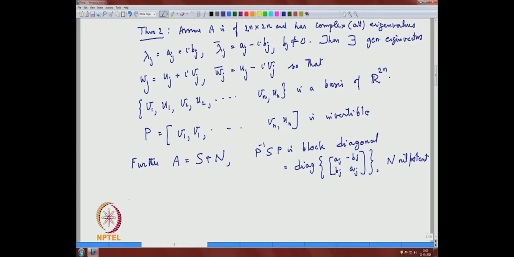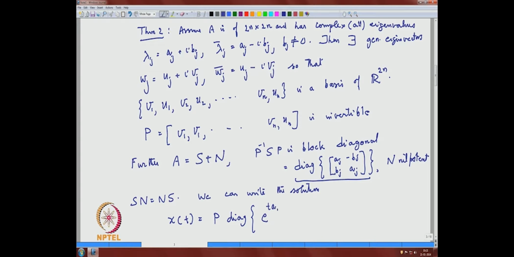SN equals NS, this you always need, to commute, then only you can compute. So we can write the complete solution as x(t) equal to P times the block diagonal, because you can compute the exponential of this easily.